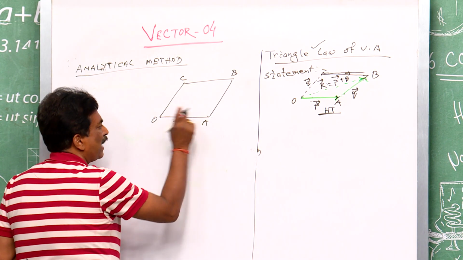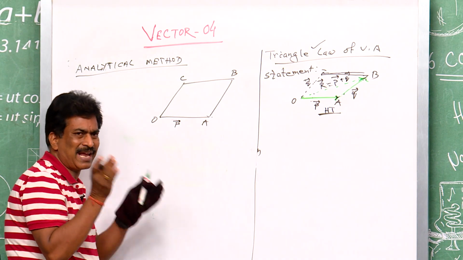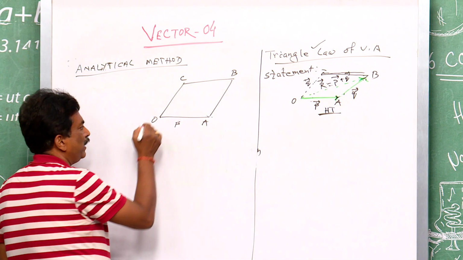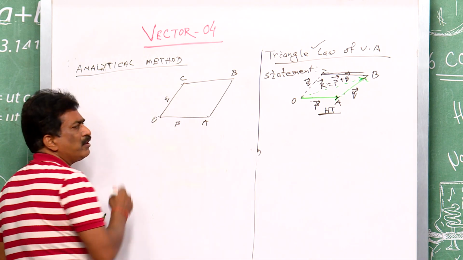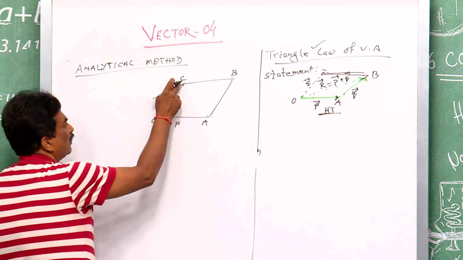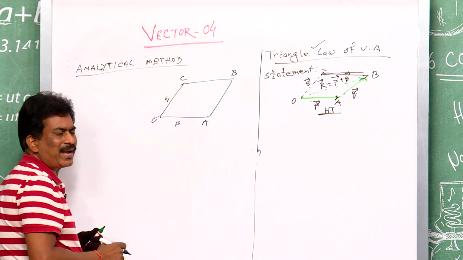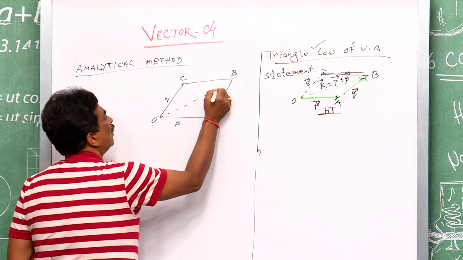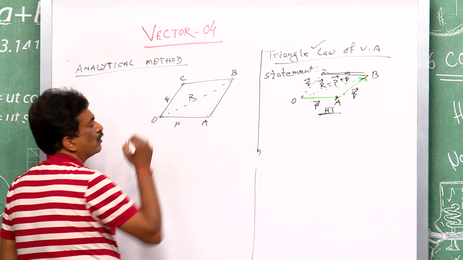In the analytical method we discuss it in scalar form, so if this is OA, then this is P. Then this is the Q vector; it must have a direction, but for the analytical method we take its magnitude, therefore this is Q. And this is the resultant, and this is R.